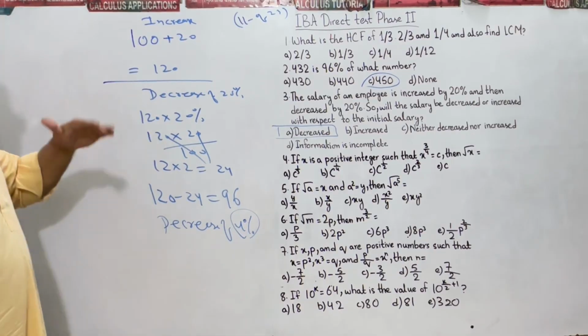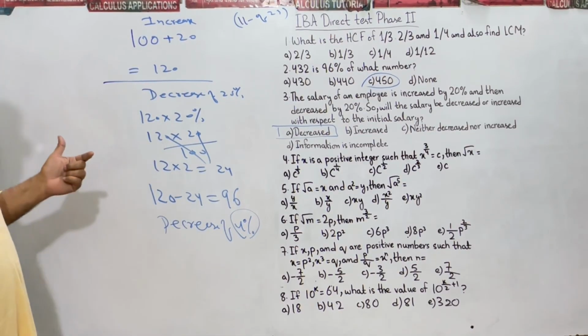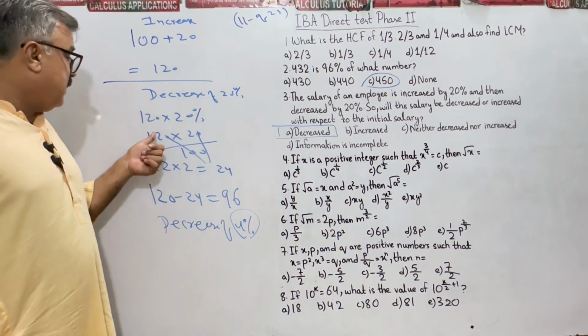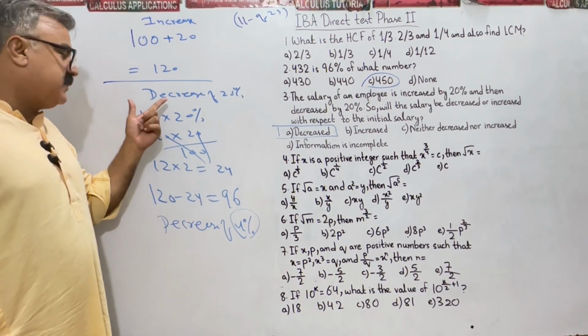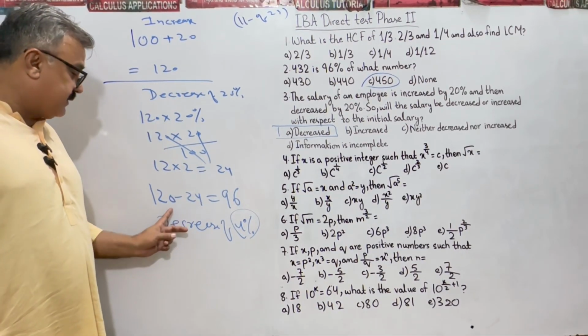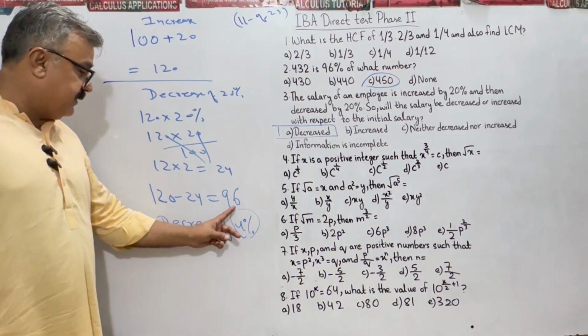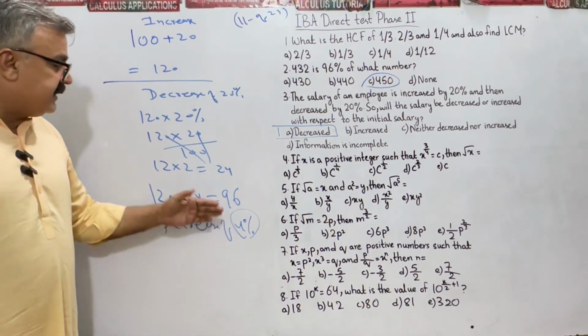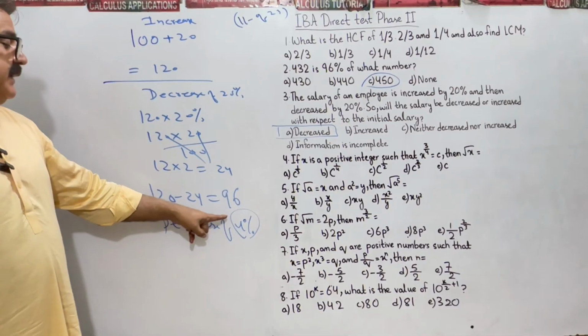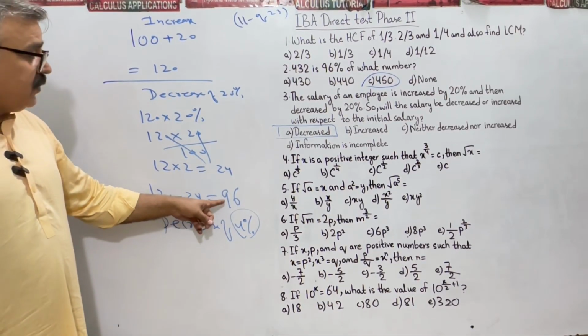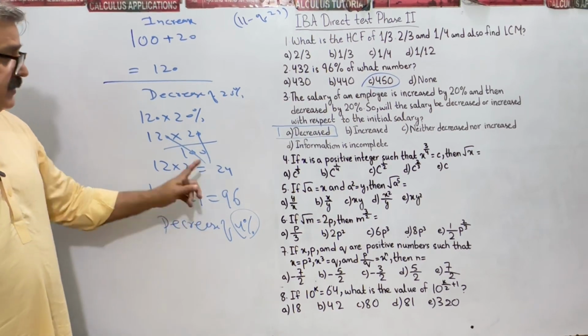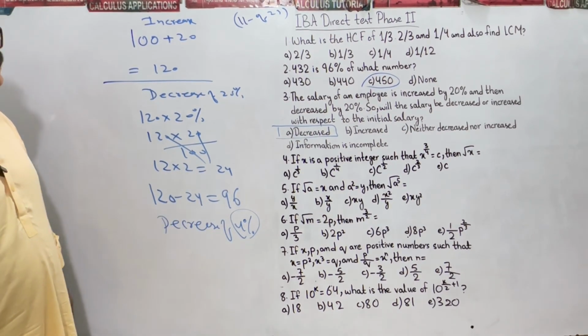From the 120 point of view, we have to calculate the decrease of 20%. What is 20% of 120? It is 24. Decrease means minus, subtract: 120 minus 24 is 96. Here the result is less than 100, so it is a decrease of 4%.